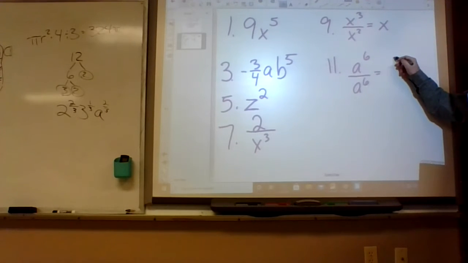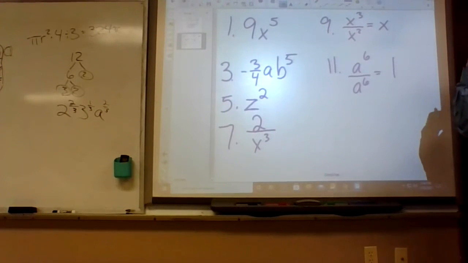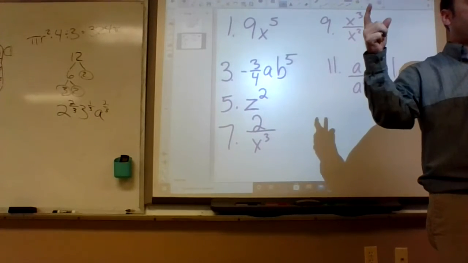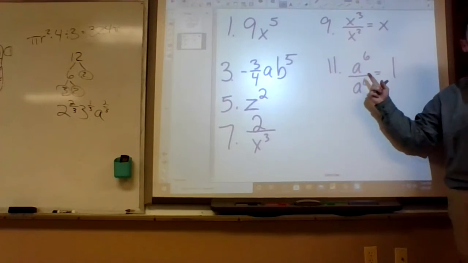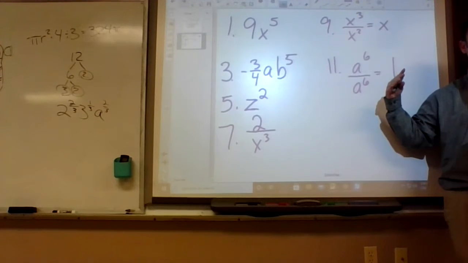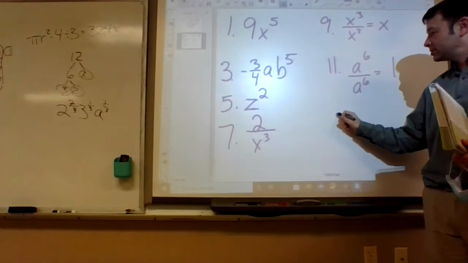Anything divided by itself. Well, if you subtract the exponents, what would you get? A to the 0. Anything to the 0 power is always equal to 1. Because what happens when you divide a number by itself? Like what's a million divided by a million? 1. A to the 6 divided by a to the 6 is 1.